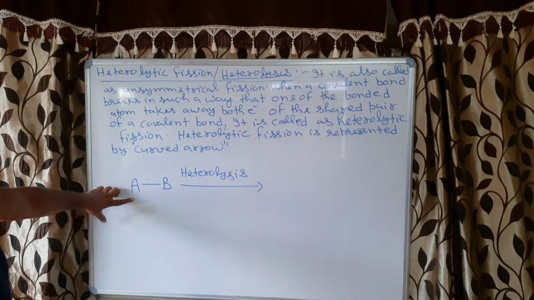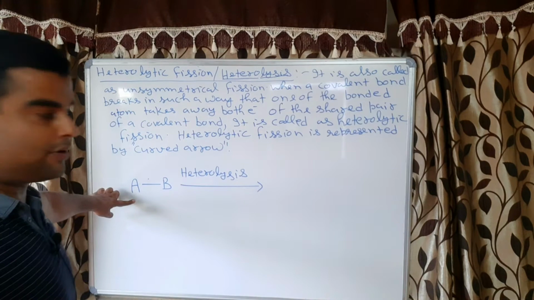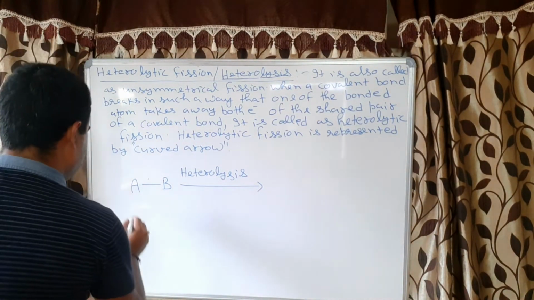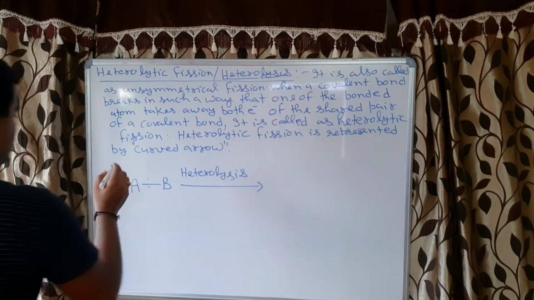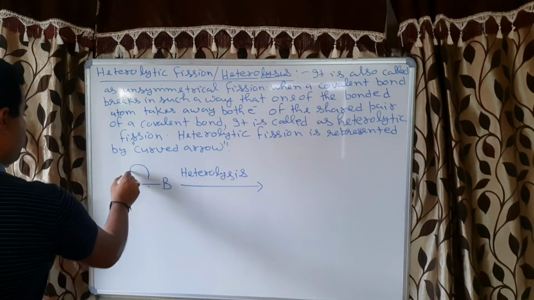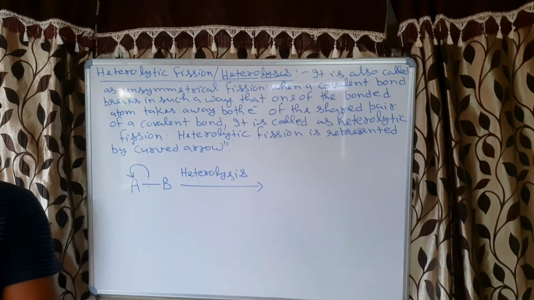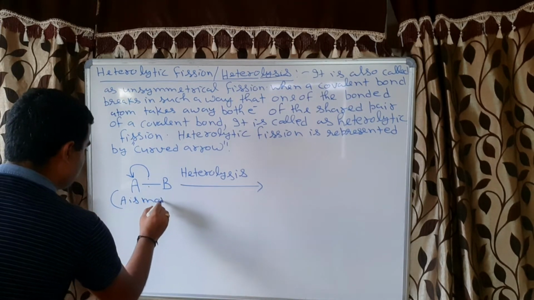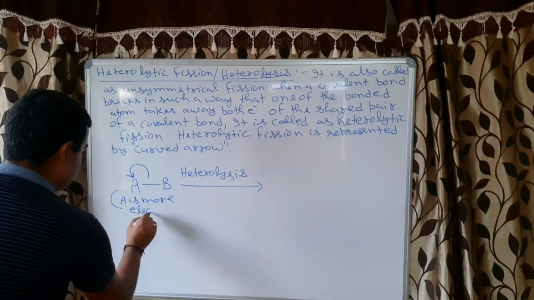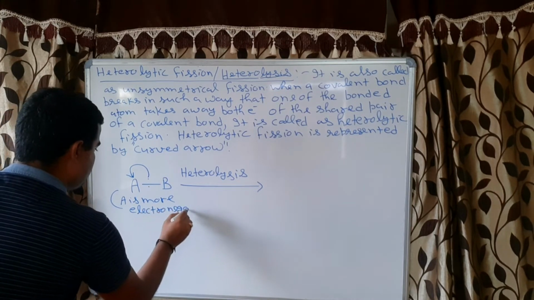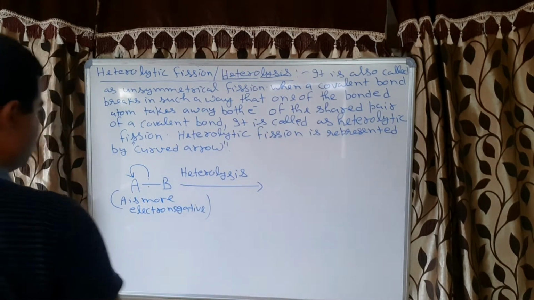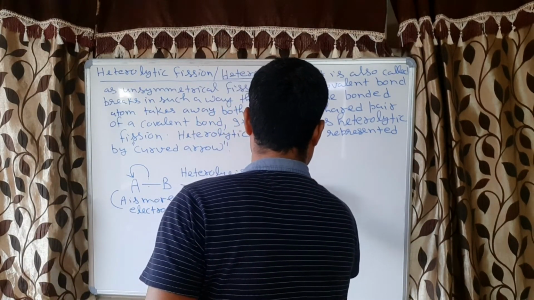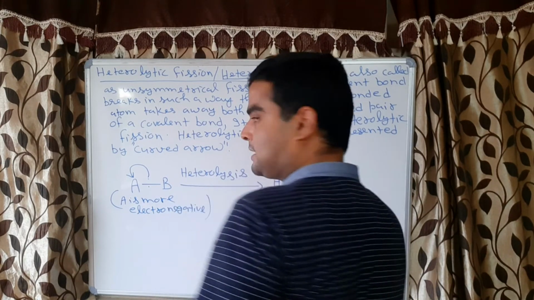Suppose in this case A is more electronegative, so the shared pair will be slightly towards this side. Now this will go to here like this. Here I will write A is more electronegative. So it will be A minus and B plus.